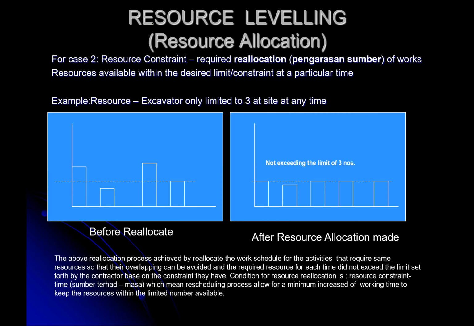Let's say we plot the resource. When you plot the resource, normally you will plot resources according to the trade. Trade means carpenter, barbender, concreter, unless you are using the same workers who become the carpenter, bricklayer, concreter, everything.